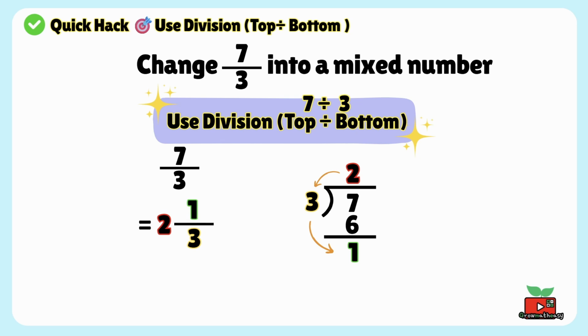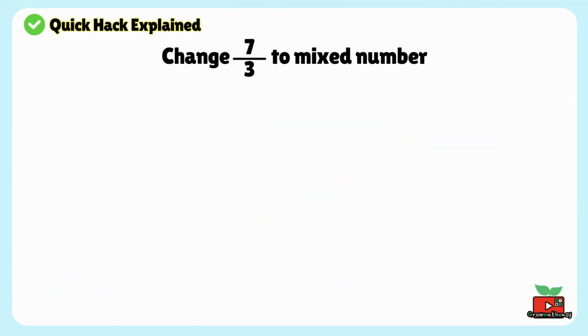That's your mixed number. Why can we use division to change improper fractions into mixed numbers? Let's use an example to see how this division trick works. Change 7/3 into a mixed number. 7/3 means 7 1/3. That means the whole is divided into 3 equal parts, and we have 7 of those parts.